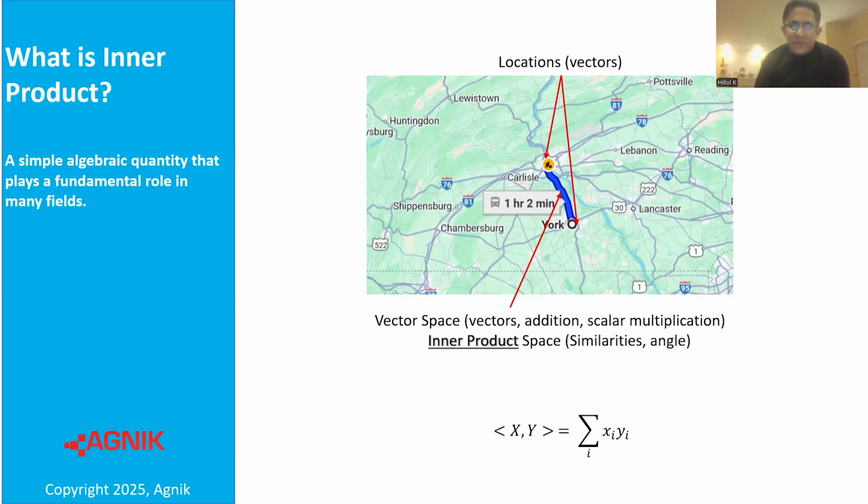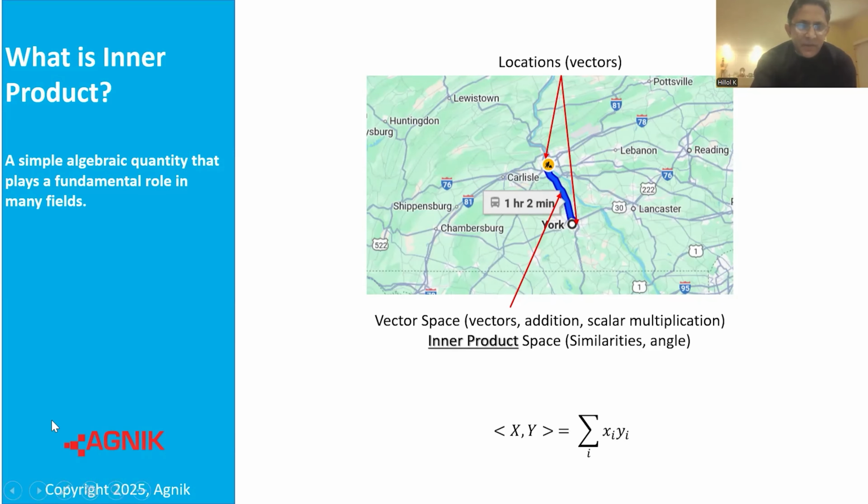In a map, if you want to draw the analogy to vector space, the vector space corresponds to things like locations. On the other hand, an inner product space is a vector space where this quantity, inner product, is defined. So inner product in a vector space, like a map, would typically correspond to things like similarities and angles. So that's what inner product is.